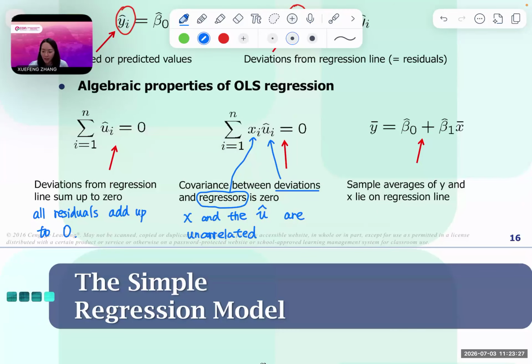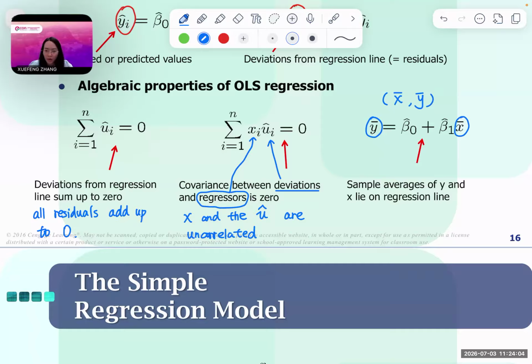Property 3, the sample averages of y and x lie on the regression line, okay? So the regression line always passes through the point x bar, y bar, the averages.